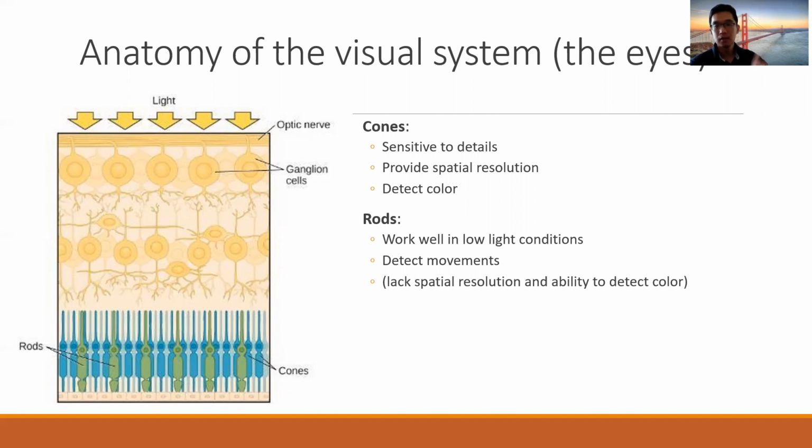The cones provide resolution, are sensitive to details, and also detect color. The rods can see movements clearly and can see things in a really dark environment. These are the different roles for these two types of photoreceptor cells.